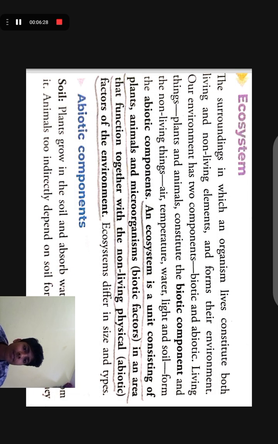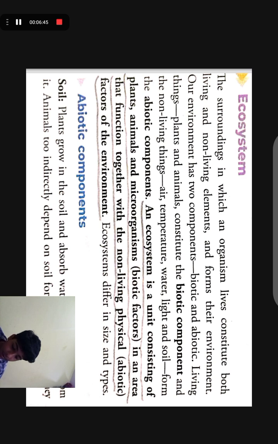So let's come to the next question, that was ecosystem. The ecosystem is the surrounding in which an organism lives, and it constitutes both living and non-living elements. Our environment has two components, biotic and abiotic.